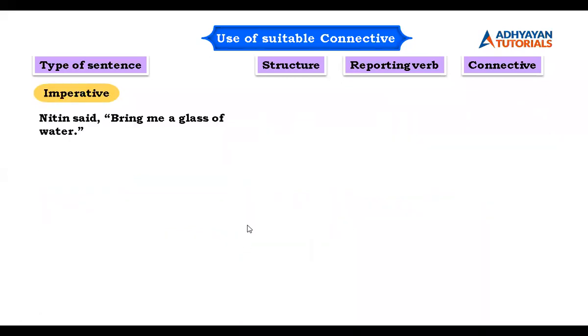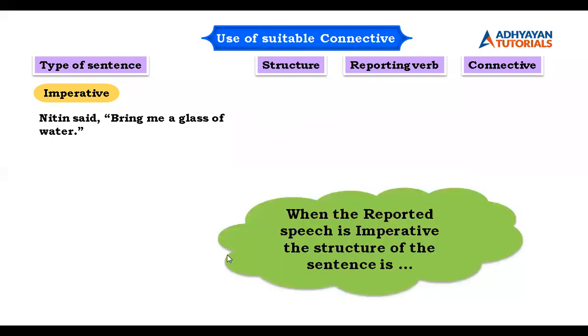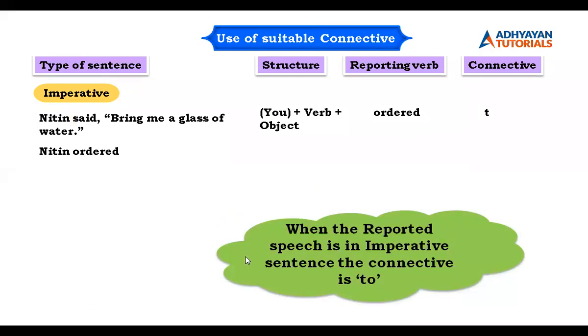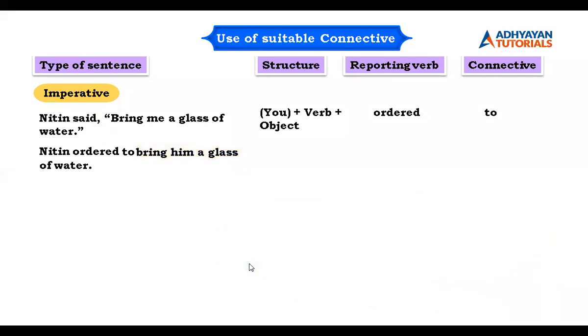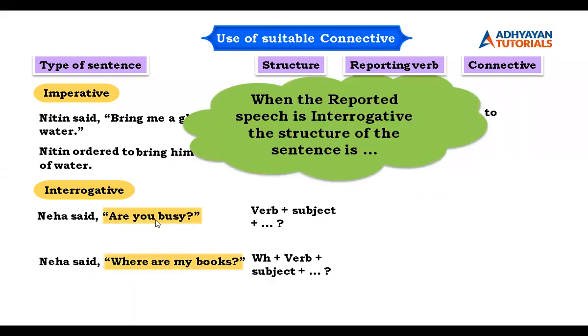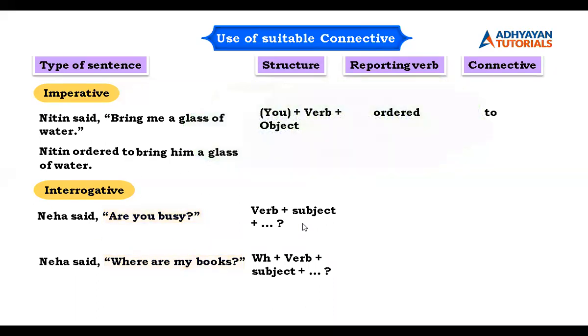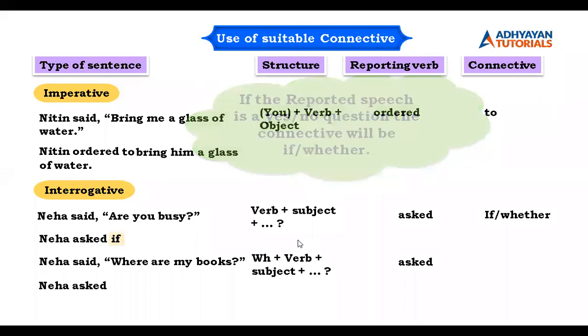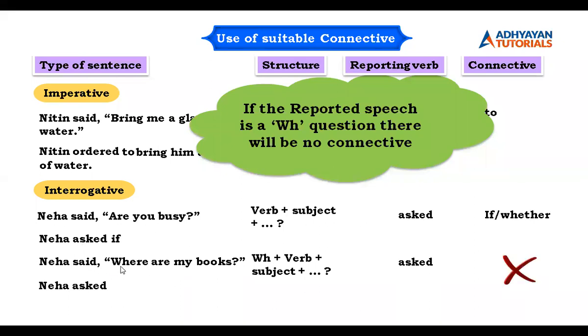If your type of sentence is imperative, that is order, command, request, तो आपका जो रिपोर्टिंग वर्ब है वो होगा ordered या commanded या requested या advised जो भी है, and your connective is going to be to. Okay, Nitin ordered to bring him a glass of water. ठीक है, तो that नहीं आएगा, to आएगा. And if it's an interrogative sentence, तो पहला वाला interrogative is a rhetorical question, Are you busy, यानी yes या no type question, तो यहाँ पर आप asked लिखेंगे. लेकिन connective rhetorical question में आएगा if या whether, और real question यहाँ पर कोई connective नहीं आएगा.